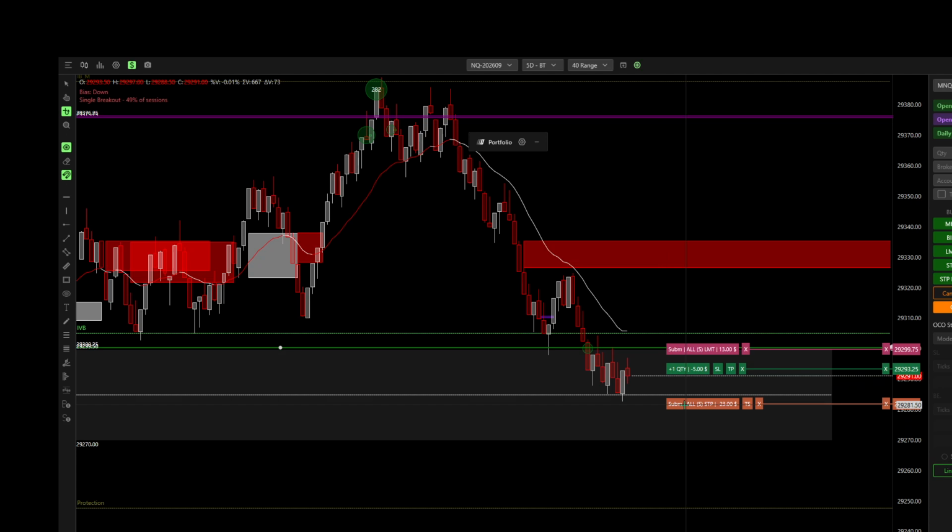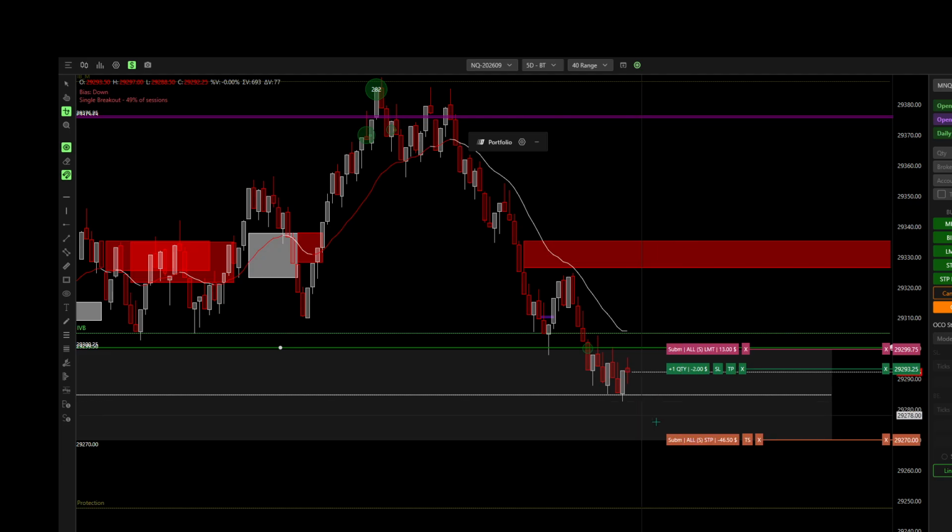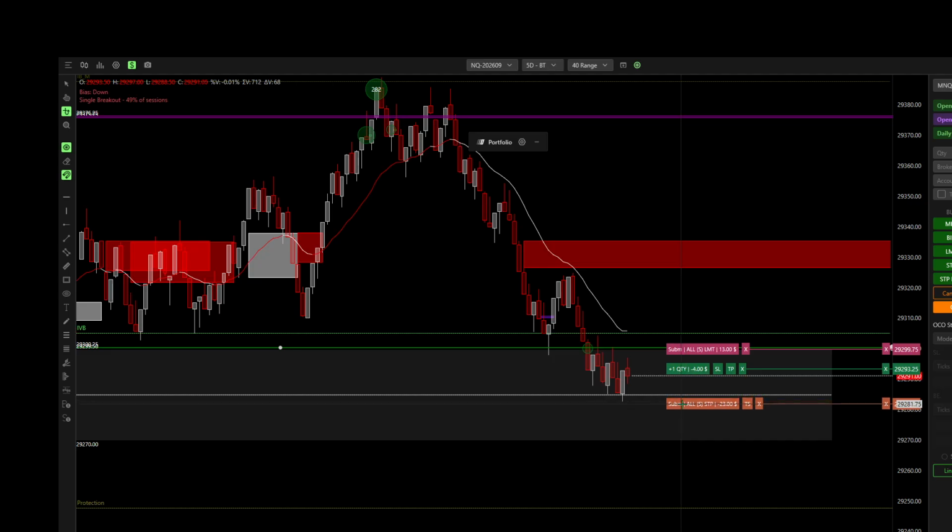The proper stop on this trade is here. But what I'm banking is it's not going to come back to the 50% of the range.